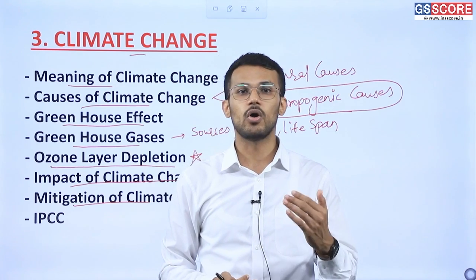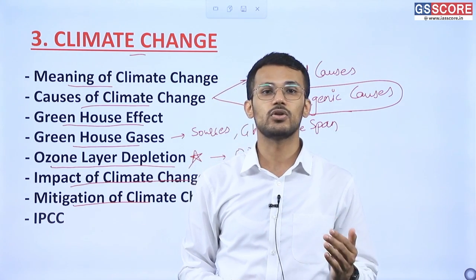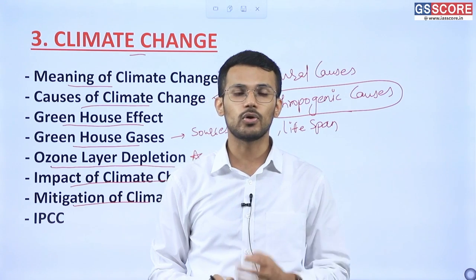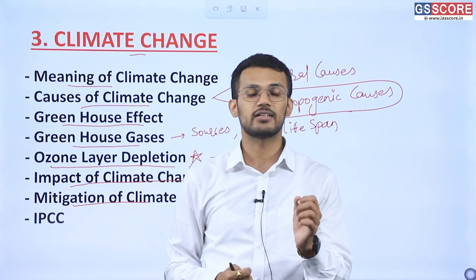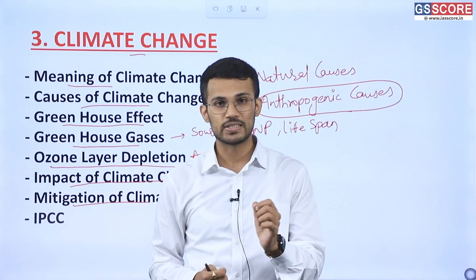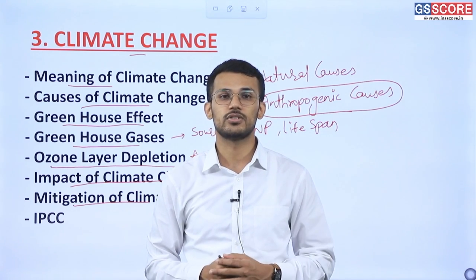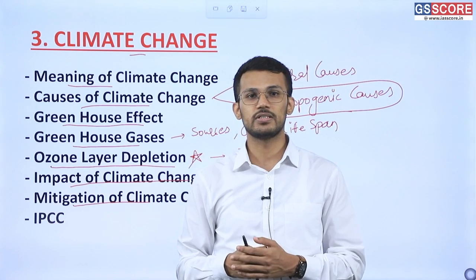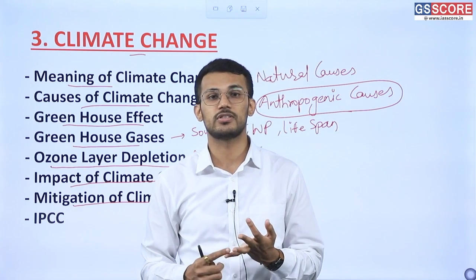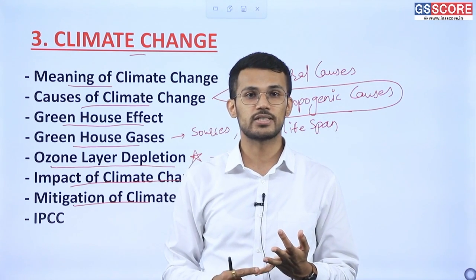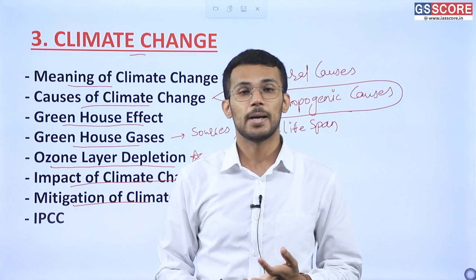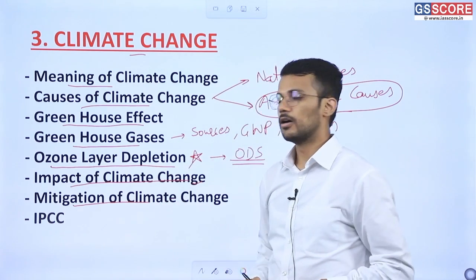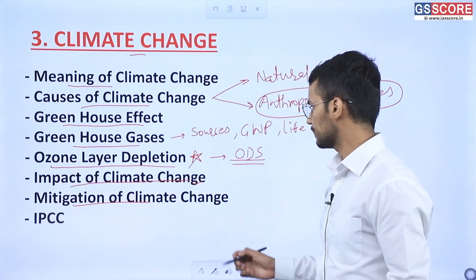We are focusing on reduction in the emission of greenhouse gases, and for that, one very important convention is there, known as UNFCCC, that is United Nations Framework Convention on Climate Change, right? Under UNFCCC, there are two important actions that have been taken till now, for example, the Kyoto Protocol and the Paris Climate Deal. Those factors we'll be discussing under mitigation of climate change.